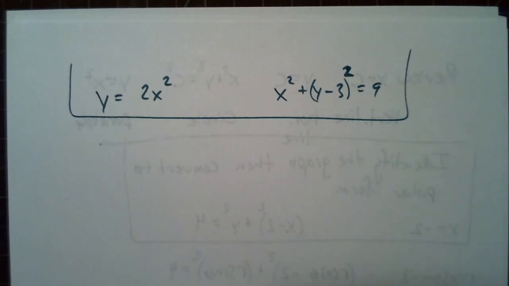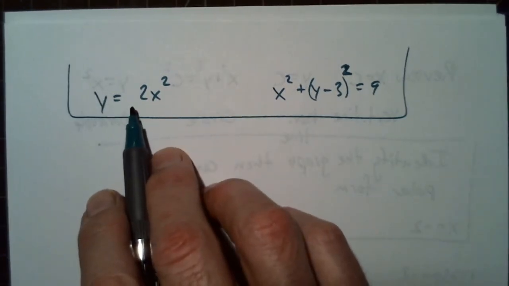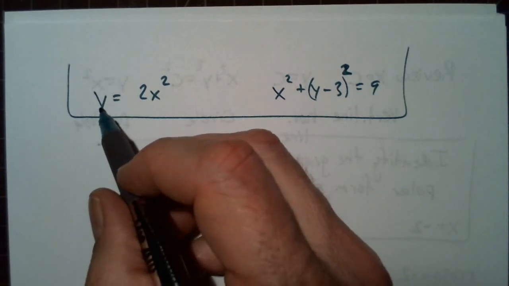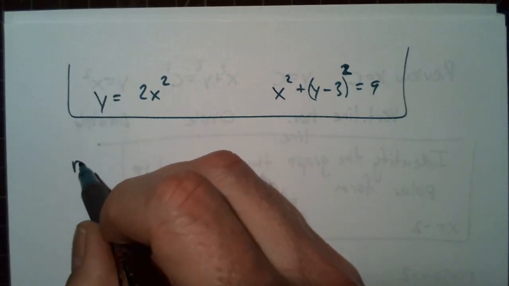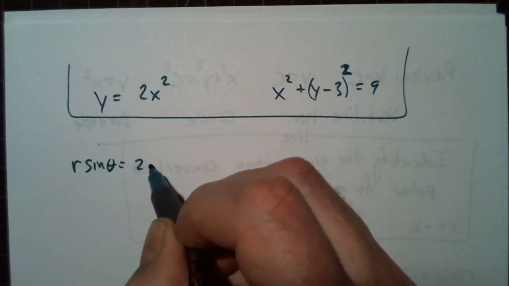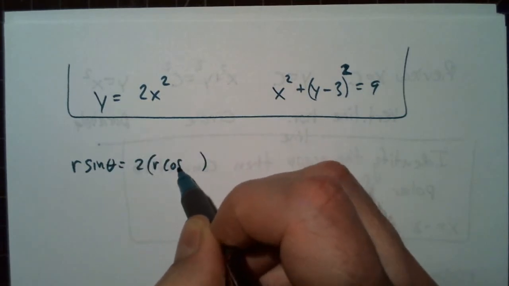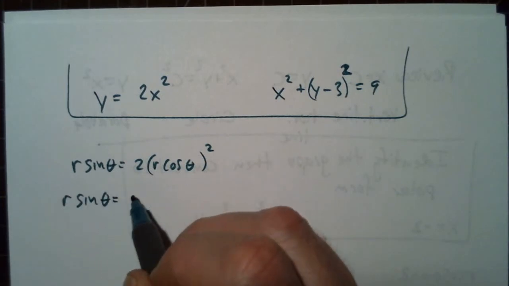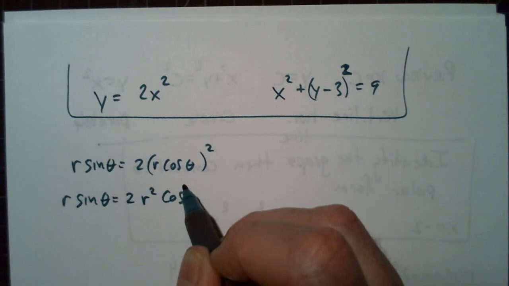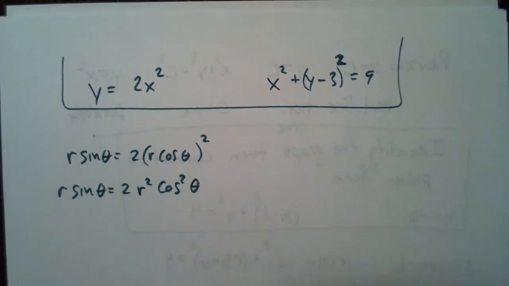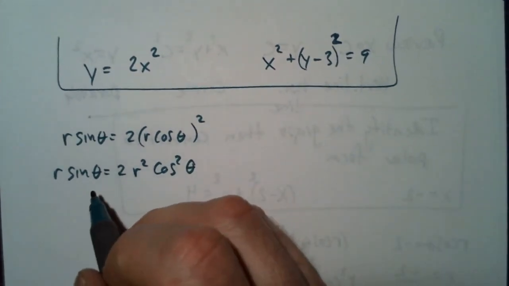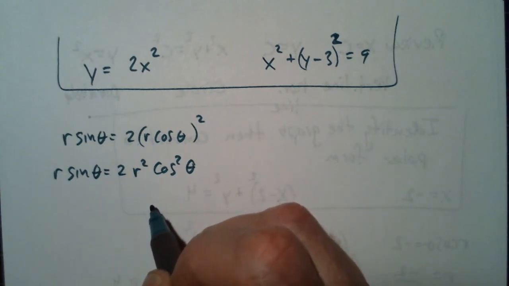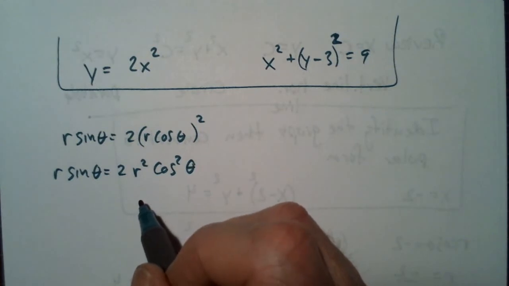Okay, pause the video and write that in polar form. Well, when we see a y, we can put r sine theta. And when we see an x, we can put r cosine theta. Here we want to get r by itself, so we can divide by r.